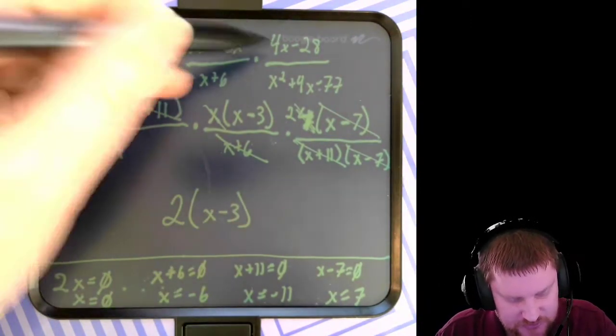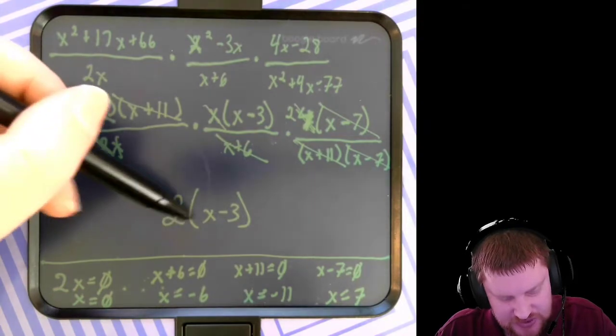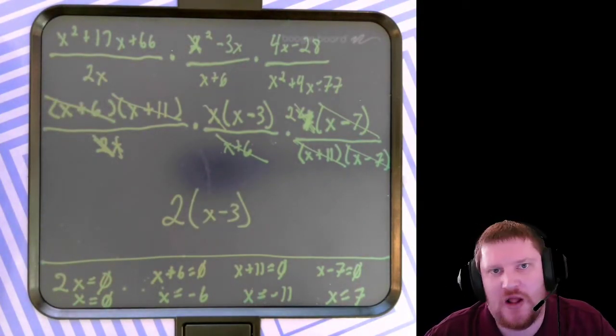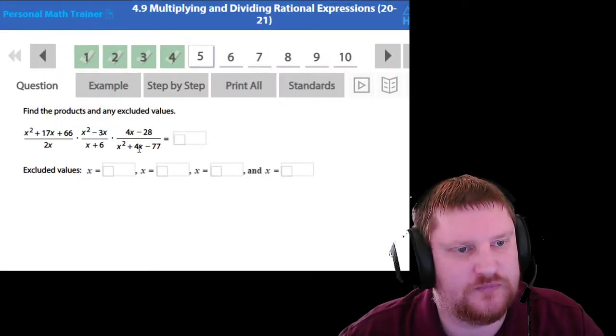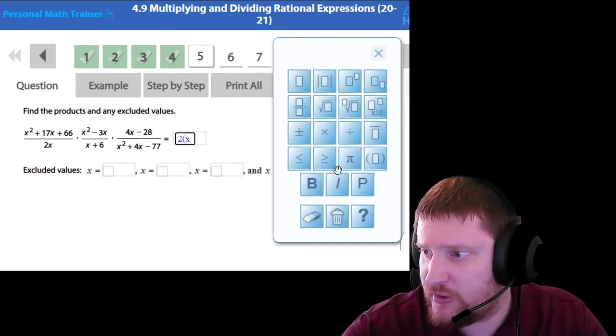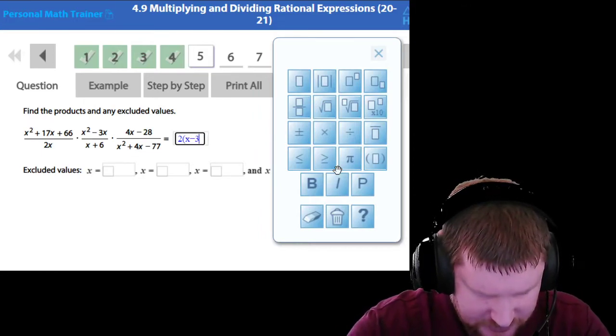So these three things multiply together to give us 2 times x minus 3. Isn't that just jolly? Two times x minus 3.